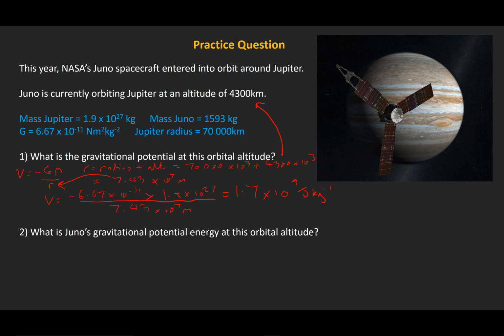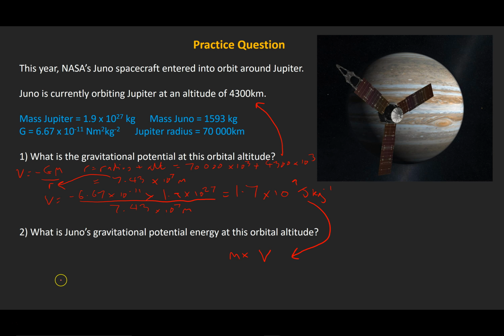So that's telling me that each kilogram of mass at Juno's orbital altitude in that field has 1.7 times 10 to the 9 joules of energy. How would I work out what the potential energy of Juno is? Well, I just take the potential, the energy per kilogram, and I multiply it by the mass.